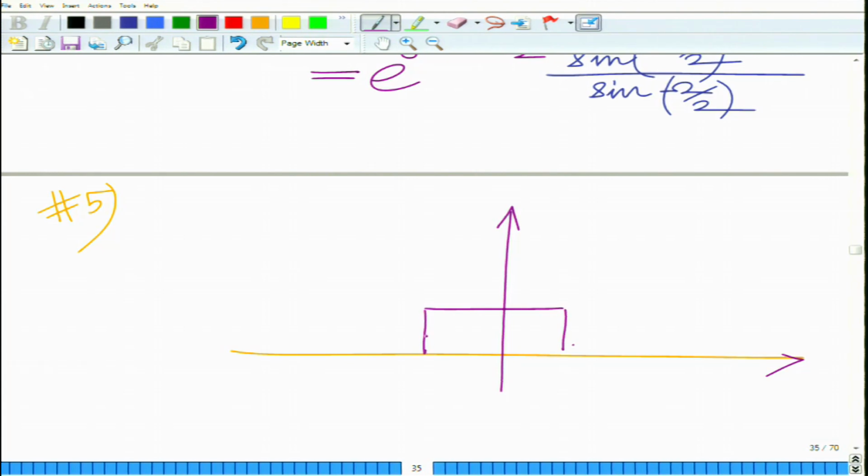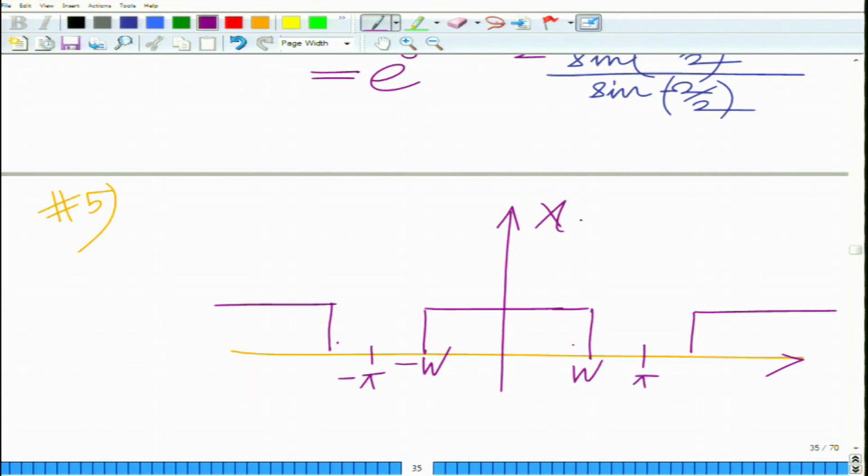Let us find the inverse DTFT of another signal. So, this is problem number 5. You have X of omega. Remember, the DTFT is periodic, with periodicity 2 pi. So, this is your X of omega, which is equal to 1, as shown, for magnitude of omega less than or equal to W, and 0 otherwise.